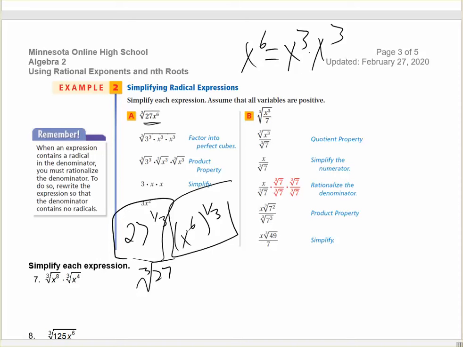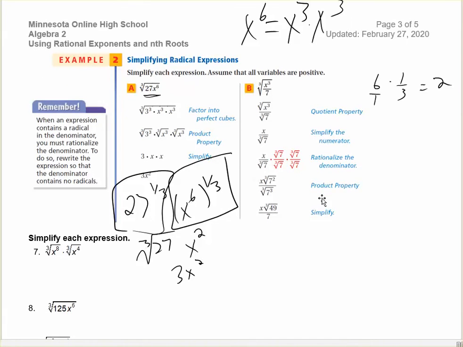But this is easier to simplify with exponents, because now we can raise a power to a power. 6 times 1/3, or a third of 6, is equal to 2, because it would be 6 over 3. So we will have x squared for that part, and then the cubed root of 27 is 3, so we'll get 3x squared.